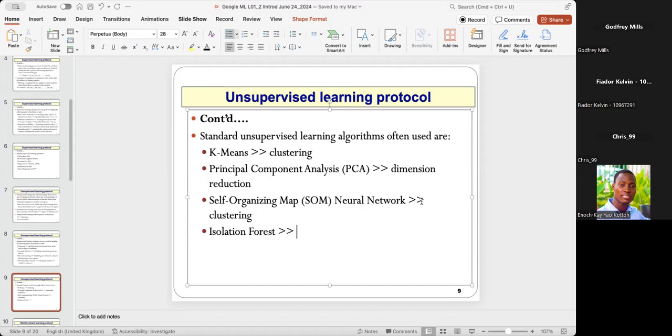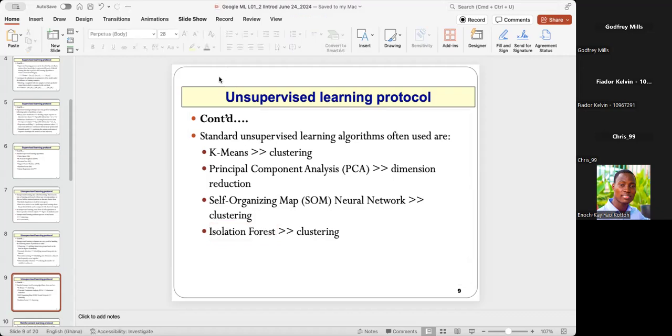It also helps us to do clustering. So these are some of the popular ones. Isolation forest is one of the new ones that people are using more nowadays. So we can combine a number of them to achieve the same solution that we are looking for.